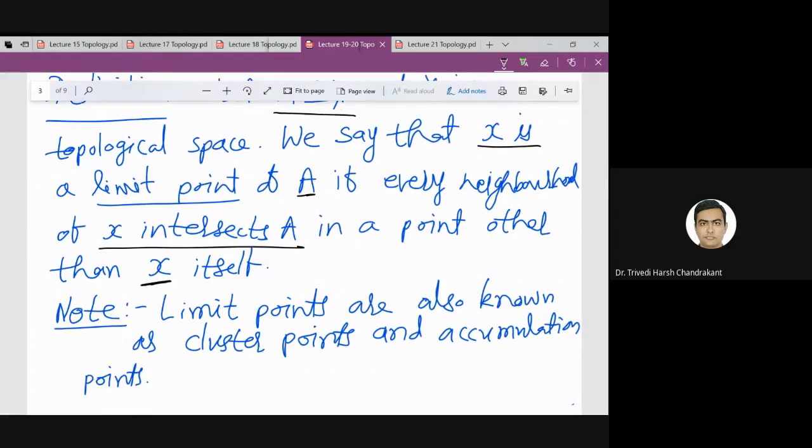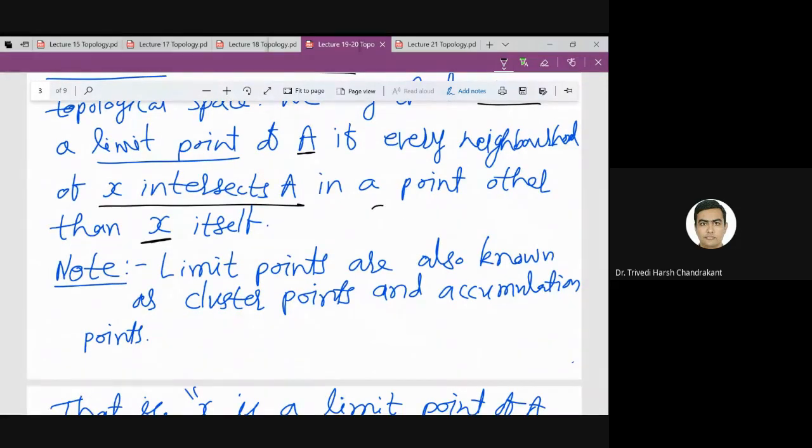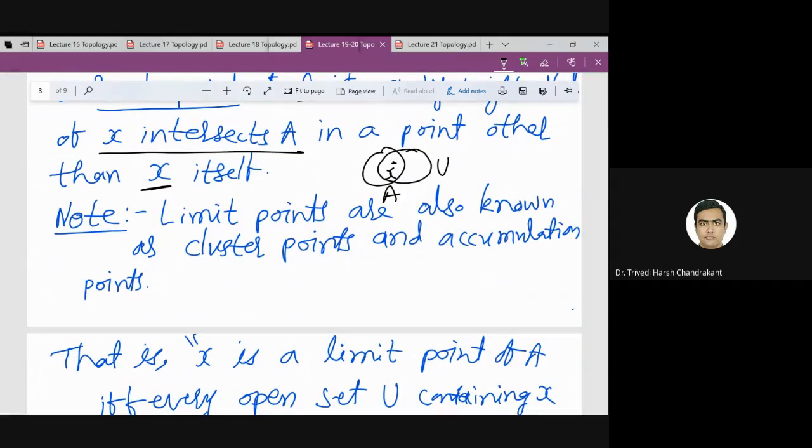So if I take this set A and this point x, this neighborhood U intersects A in a point other than x. That means I am basically checking that U intersection A minus x is non-empty.